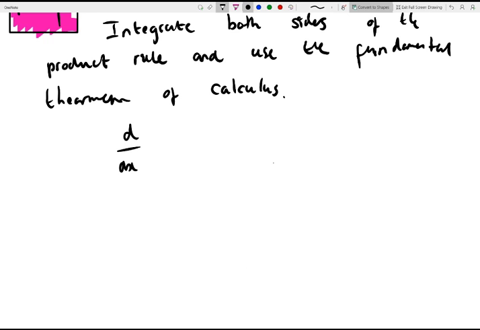So it was the derivative of the product uv equals u times dv by dx plus v times du by dx.